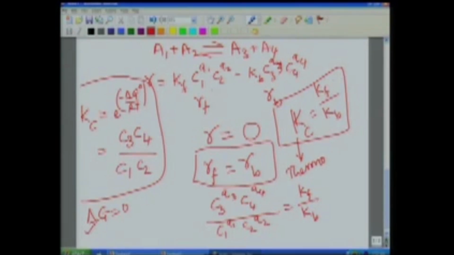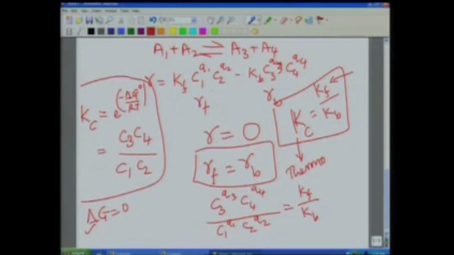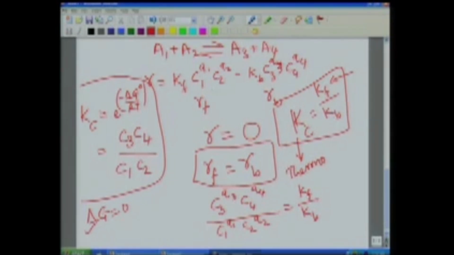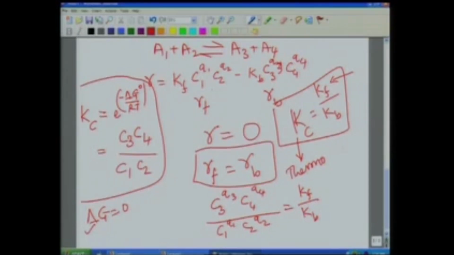So, if I estimate a value of Kf, then my Kb is automatically fixed, because the ratio of the two has to be the equilibrium constant. So, I do not have the freedom to choose Kf and Kb independently. I could choose Kb independently, but then Kf is fixed. So, it is the same story.